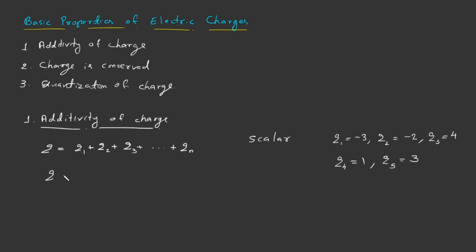So the total charge of the system is minus 3 plus minus 2 plus 4 plus 1 plus 3, that is equal to 3. So the total charge is the sum of the individual charges inside that system. That is the first property, that is the additivity of charge.